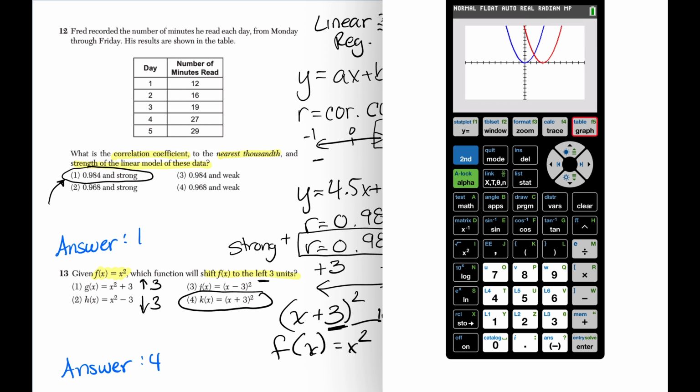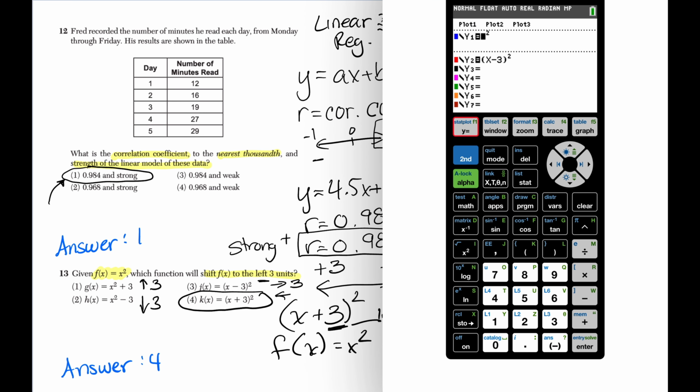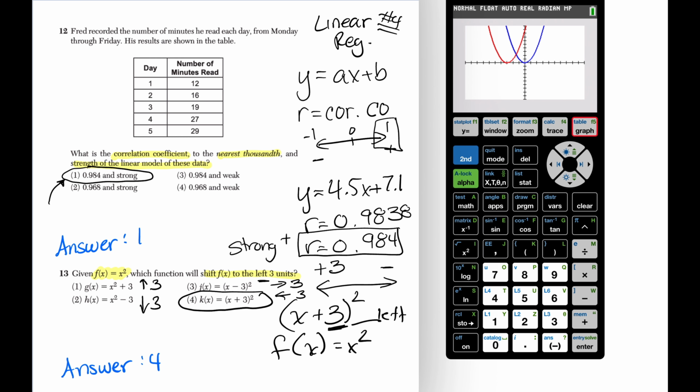And see, when we did -3, notice my blue shifted 3 to the right. So it went this way to the right 3. And so I'm going to go back to my Y, and you could also test it. And you can make this a +3 squared. Look at the graph. And so when I have X +3, it moves to the left 3 units. All right, so that's just another way.